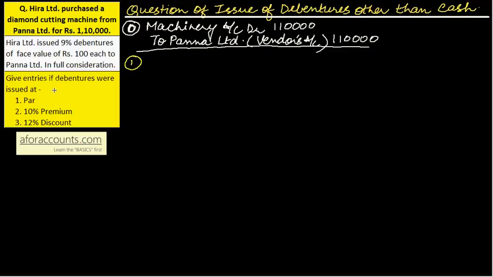Give entries if debentures were issued at par. Okay. So, what is the face value of the debenture? It is rupees 100. So, 100 का 100 में ही issue किया. Then what will be the entry? You are paying the vendor now. So, vendor's account debit, that is Panna Limited account debit.